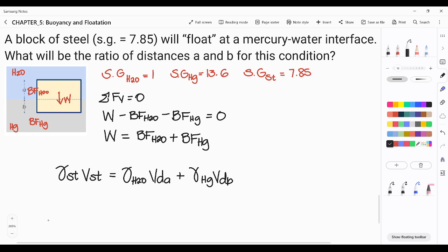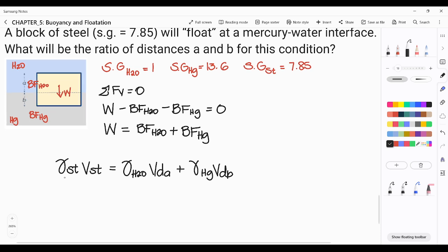Now, we know that the specific weight could be obtained through the specific gravity multiplied by the specific weight of water. So, magka-cancel out lang dyan yung specific weight ng water, pero para mapakita natin, let's write it down.